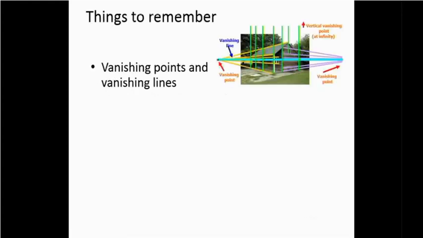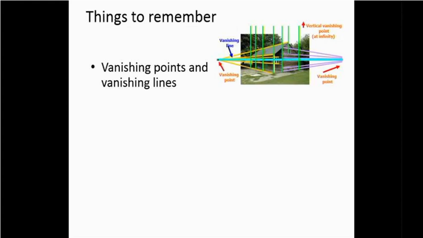All right, so we covered a lot of stuff, but these are the main things to remember. There's a concept of vanishing points and vanishing lines, which we'll use later. So this is the idea that if you have a set of 3D lines that are parallel, then they'll intersect at some common point in the image plane. If you have 2 sets that are parallel, where each set is parallel to the same plane, then each set will intersect at some point on the vanishing line of that plane.